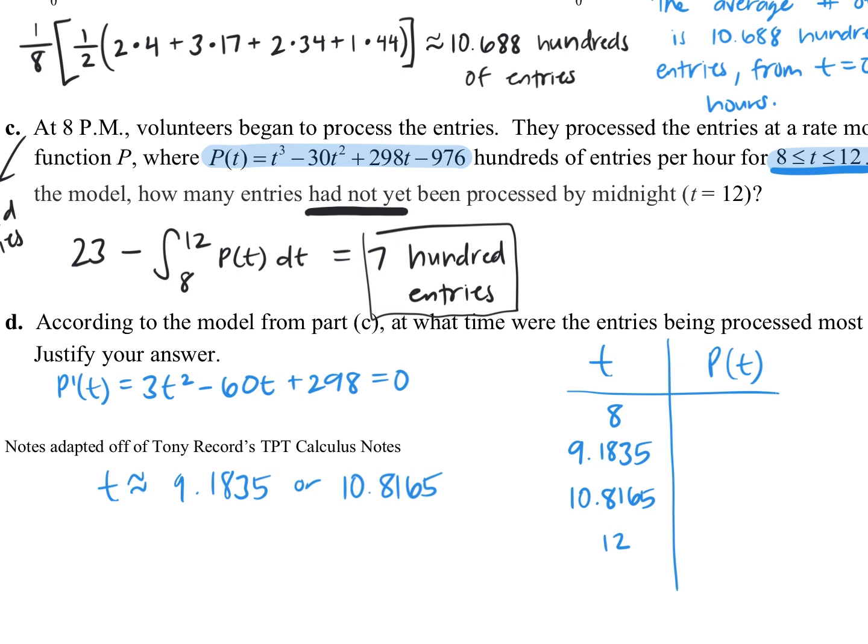And now I'm trying to maximize the P of t function, how fast they're processing those things. So I'm going to plug these values into not my derivative, but back into my P of t function right here. So a few ways you can do that. You could type that in your y1, and then, on your main screen you can type y1 and then just plug in your number here. That's one way to do it.